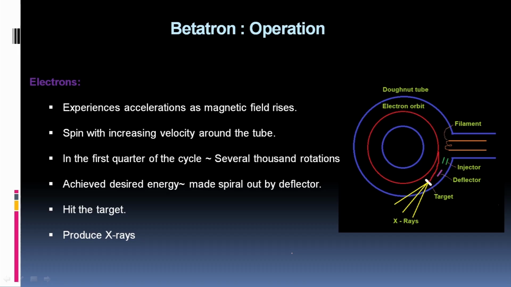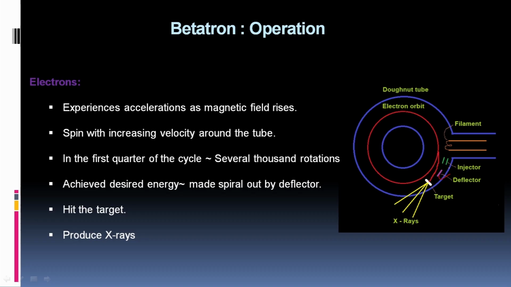So they spin with increasing velocity around this hollow tube. In the first quarter of the cycle, they revolve several thousand times and achieve the desired energy. After achieving the desired energy, they are made to spiral out by this deflector.